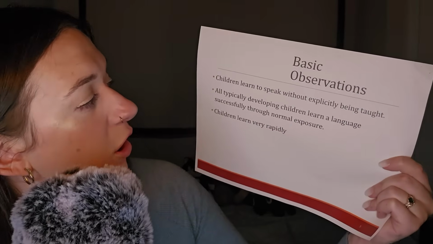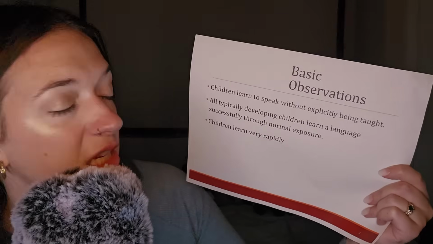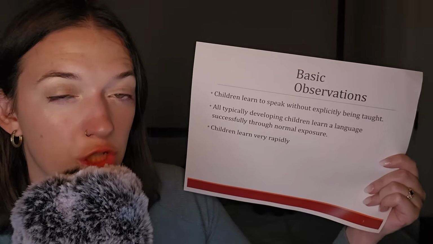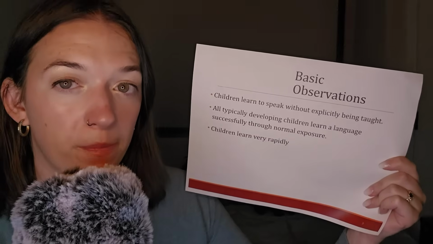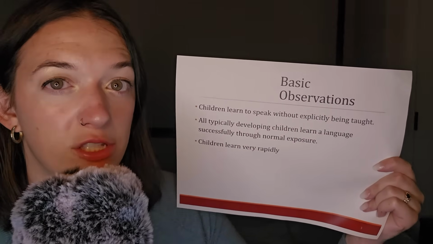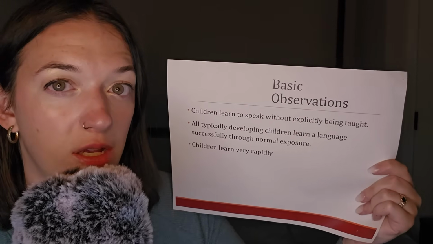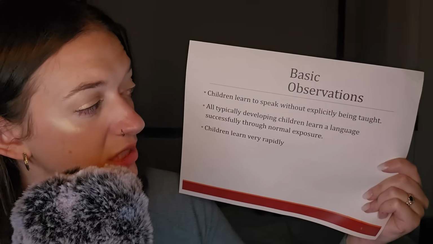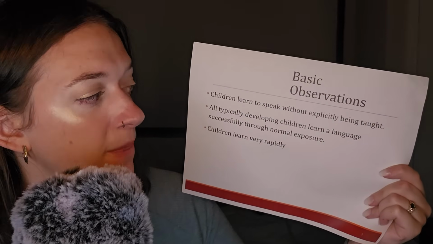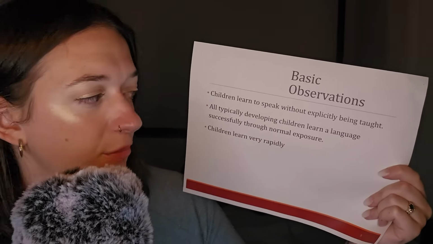Two, all typically developing children learn a language successfully through normal exposure. So, of course, there are some conditions that may make it so that a child has difficulty or is unable to acquire language. However, all typically developing children can learn a language just through exposure itself.